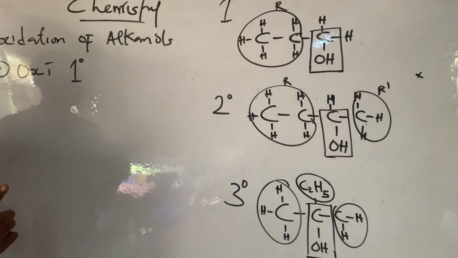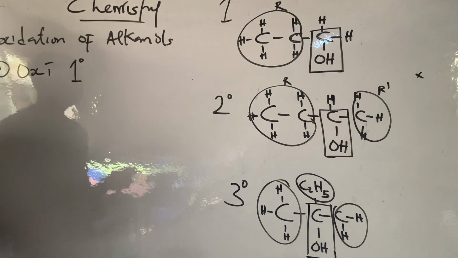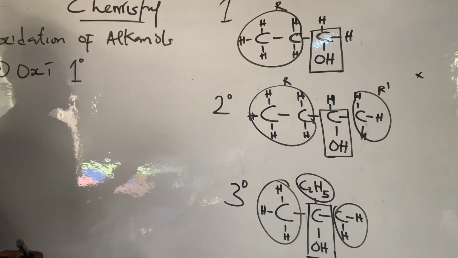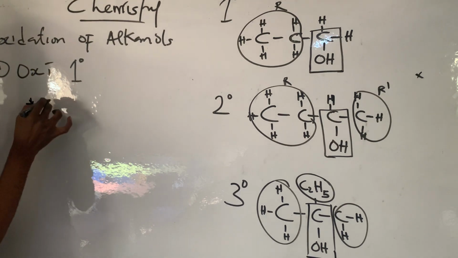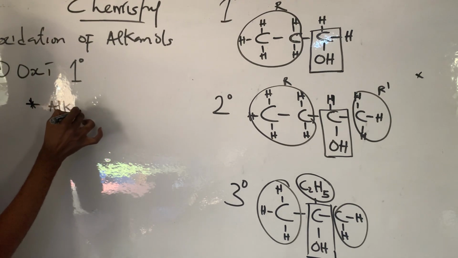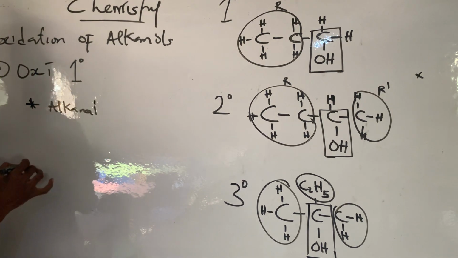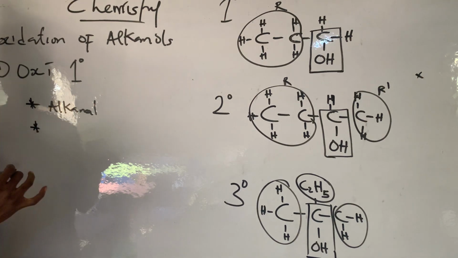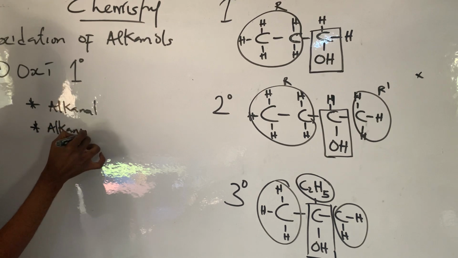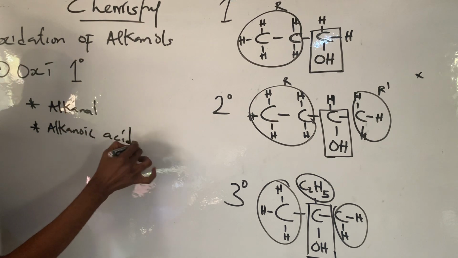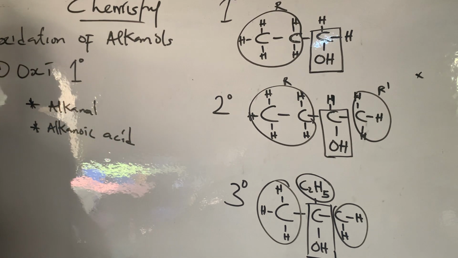Now, primary alkanol gives two products. First thing to note, especially those of you preparing for JAM, the first product it gives is an alkanal. Then, if you oxidize with excess oxidizing agent, you get alkanoic acid. So these are the two products of the oxidation of primary alkanol.